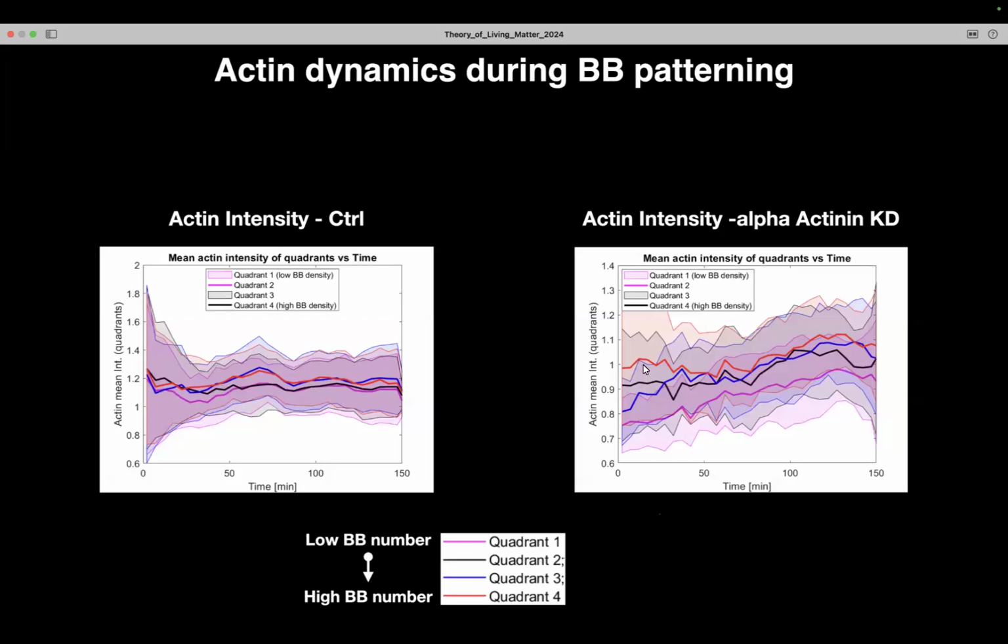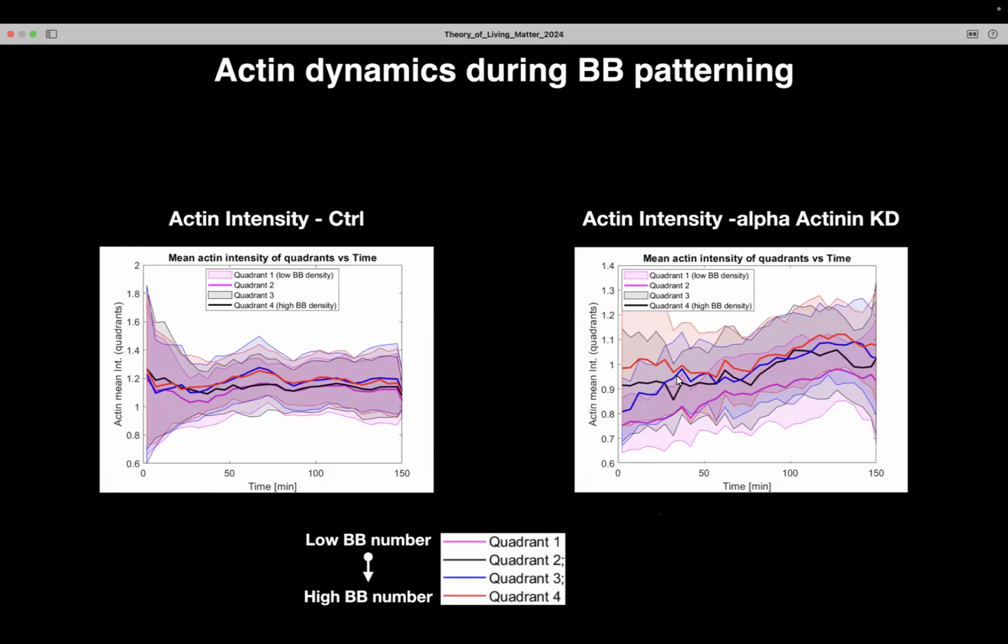What is interesting is that from the very beginning, the quadrant in which we have low density of basal bodies has low intensity of actin, and the quadrant in which we have high density of basal bodies has high intensity of actin.